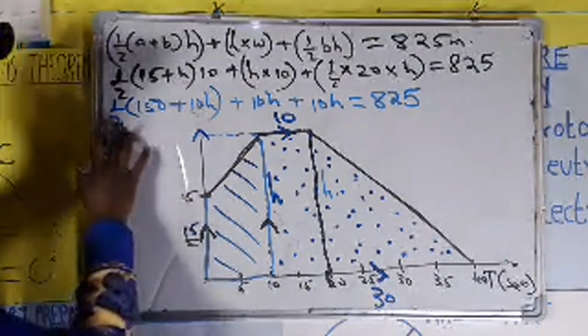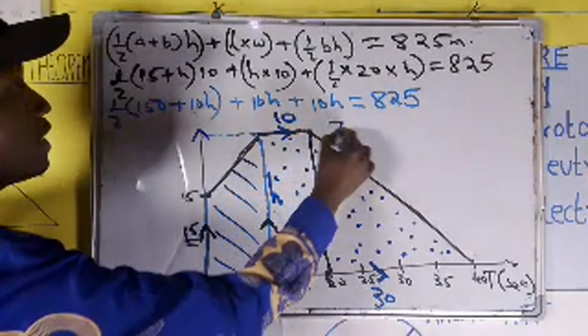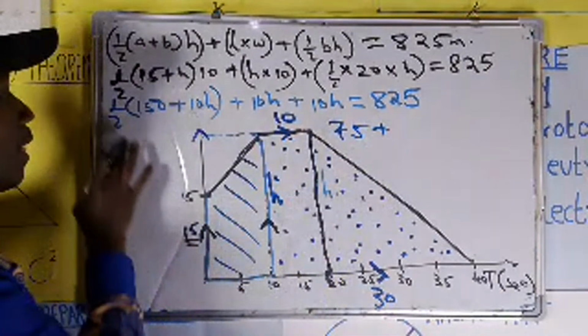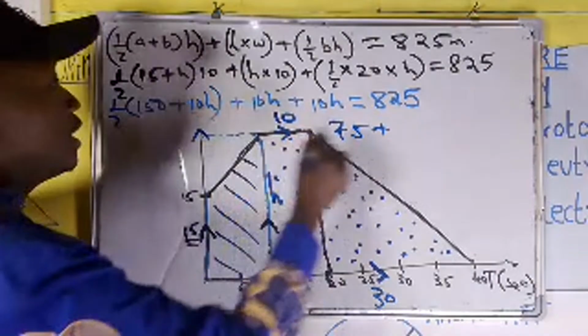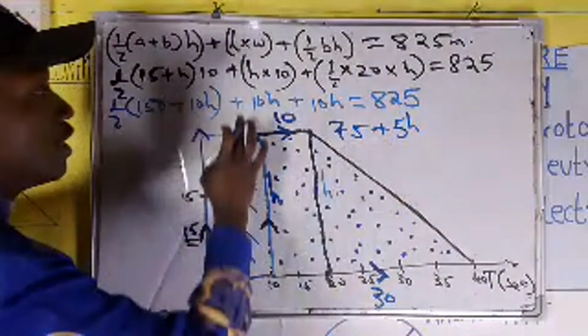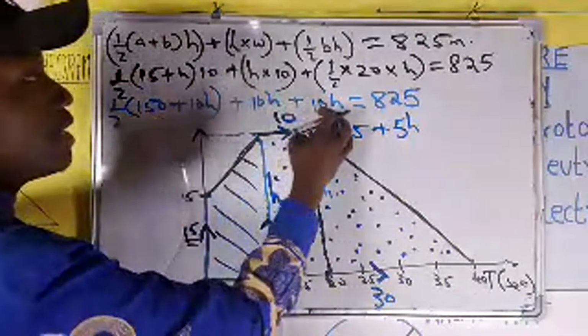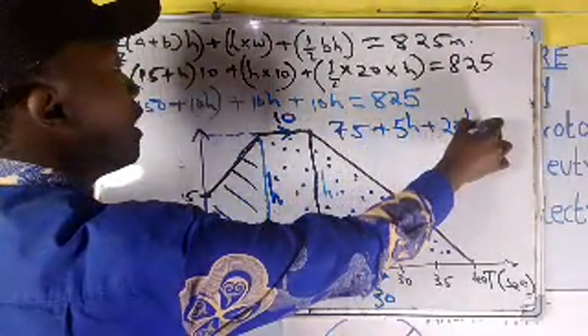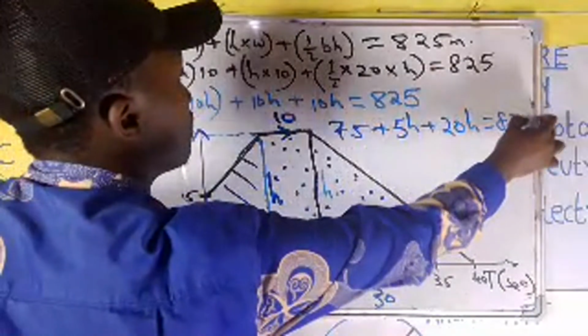So a half times 150 is 75, plus a half times 10h is 5h, plus 10h plus 10h, that will be equal to 20h is equal to 825.